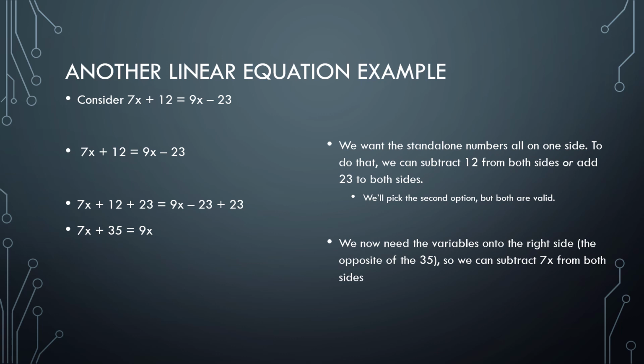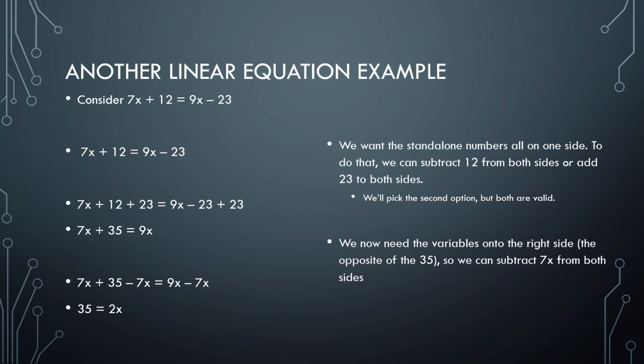So to do that, we're going to subtract 7x from both sides. If you see, I've subtracted 7x from both sides. And now these 7x's on the left side cancel, even though there's a 35 between them. And we're left with 35 equals 2x.